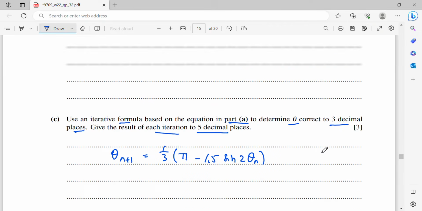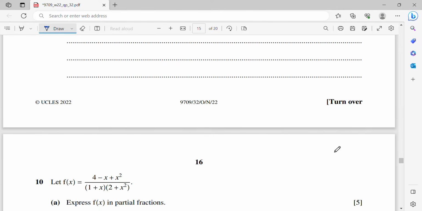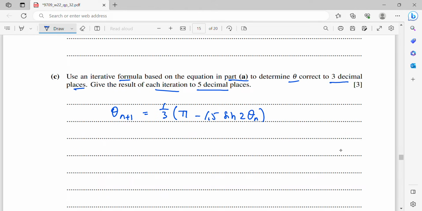Since we have proven that theta lies between 0.5 and 0.7, you can let the initial theta be any value in between 0.5 and 0.7, or you can just take exactly 0.5 as your initial theta, or 0.7. But I will just take the middle value, which is 0.6. So I will write theta 0 is 0.6.